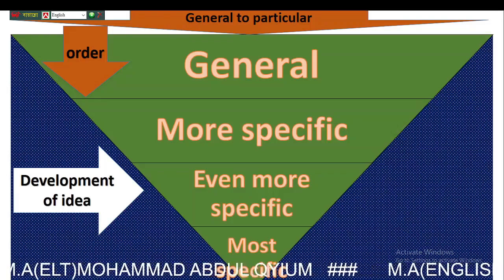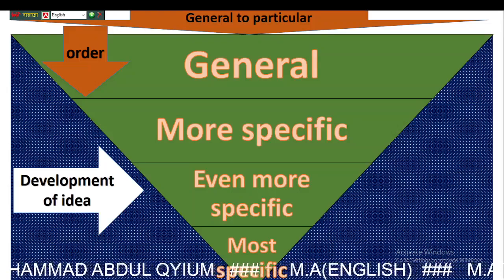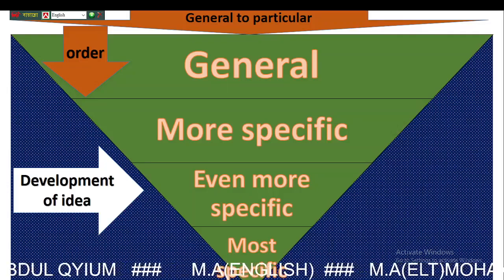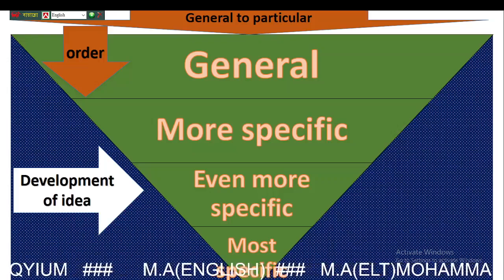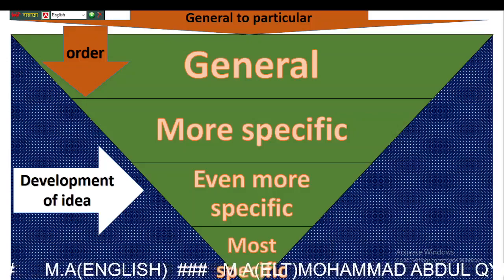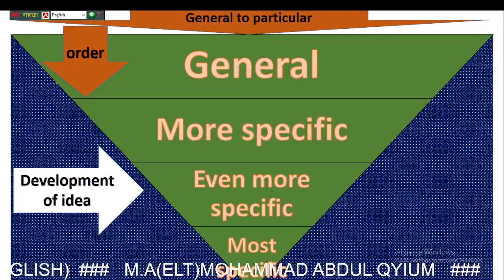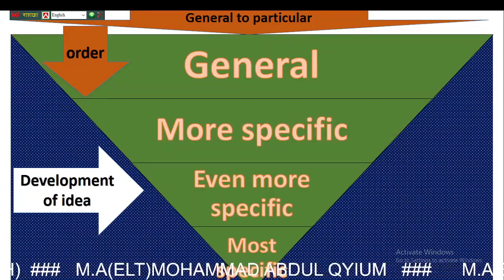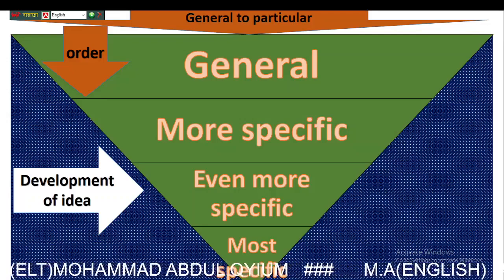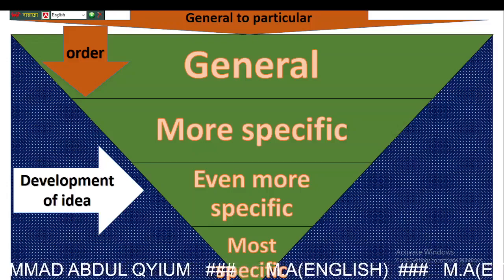So first of all, let's talk about general to particular. First of all, you will write generally, then more specific, even more specific, and most specific. For example, juvenile delinquency is antisocial activity carried out by young people under some special circumstances. You see, I have mentioned antisocial activity, criminal activity.